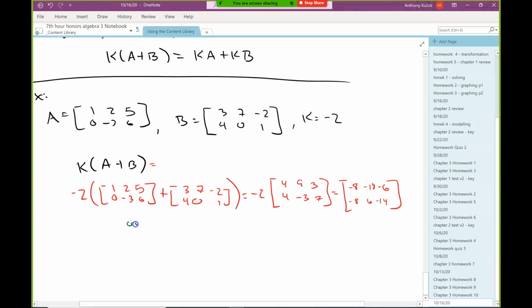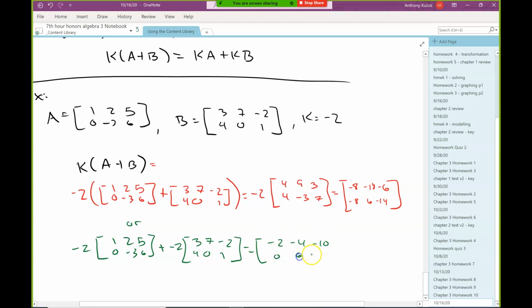Or we could do the distributive property and we can do the scalar multiplication first, and the addition second.